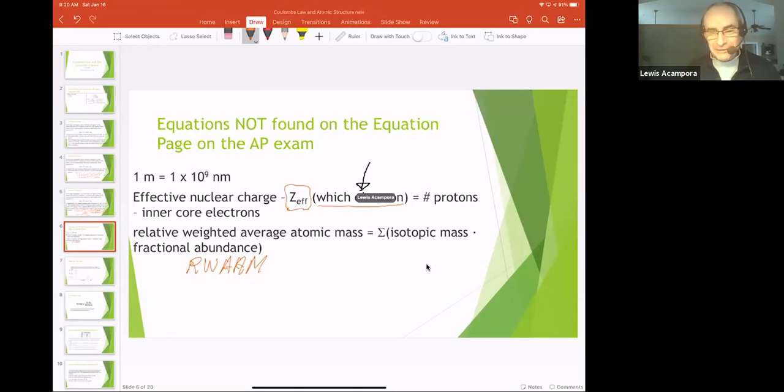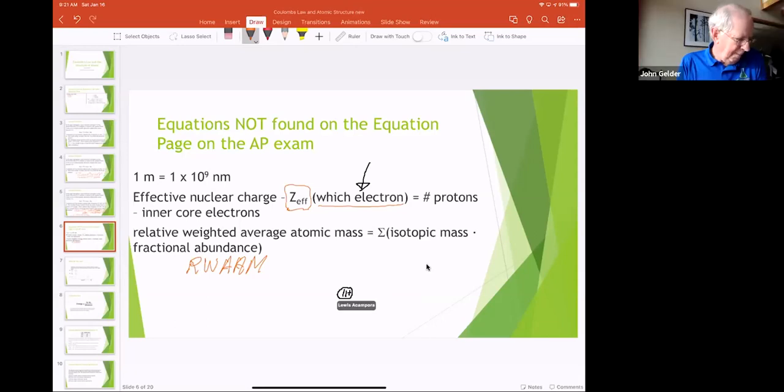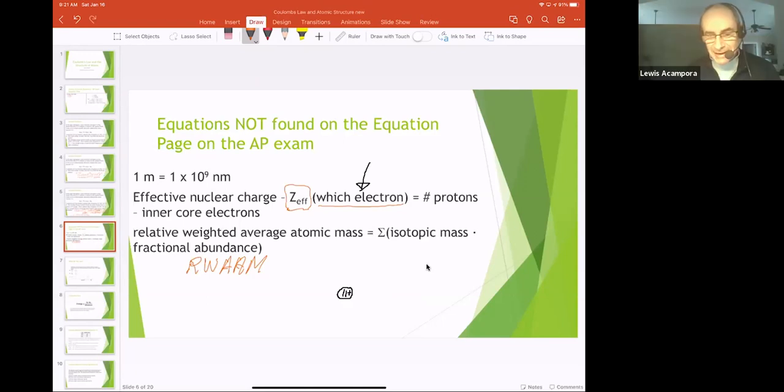When you say which electron, and let's use sodium as an example, a sodium atom would have a nucleus with 11 protons. That's correct. And I'm going to make a very, very schematic picture here, and hopefully our students know about electronic structure.